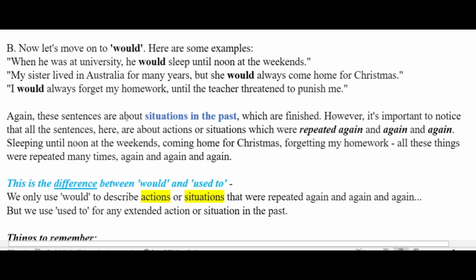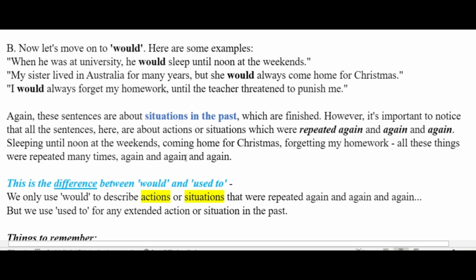Again, these sentences are about situations in the past which are finished. However, it is important to notice that all the sentences here are about actions or situations which were repeated again and again. Sleeping until noon at the weekends, coming home for Christmas, forgetting my homework, all these things were repeated many times.